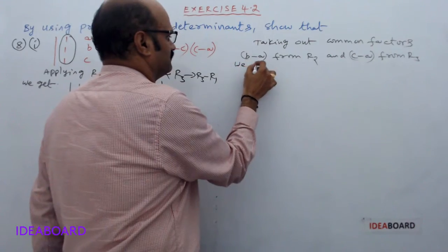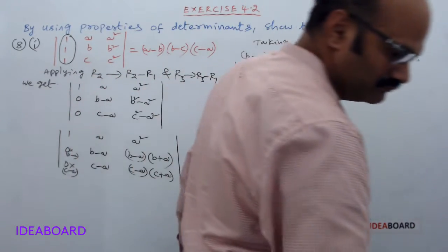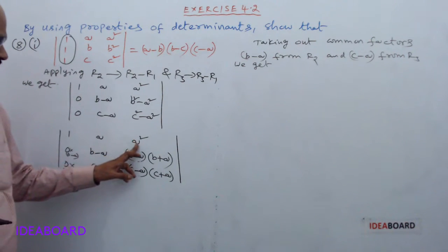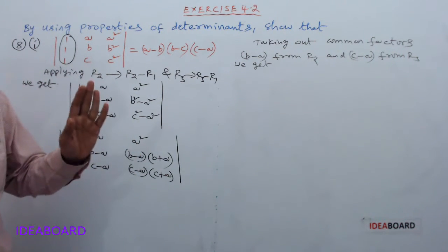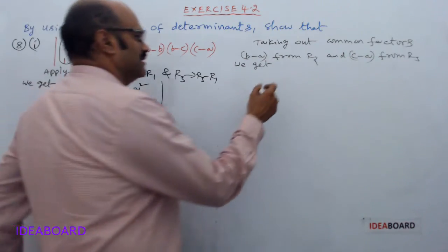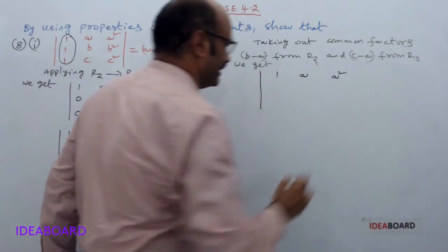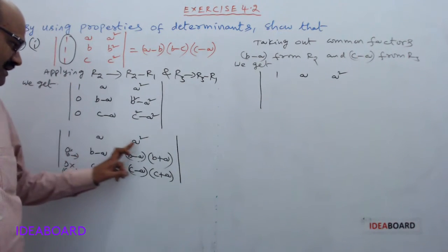We are not taking anything from R1, let R1 be the same. So the determinant of 1, a, a square, R1 is the same.